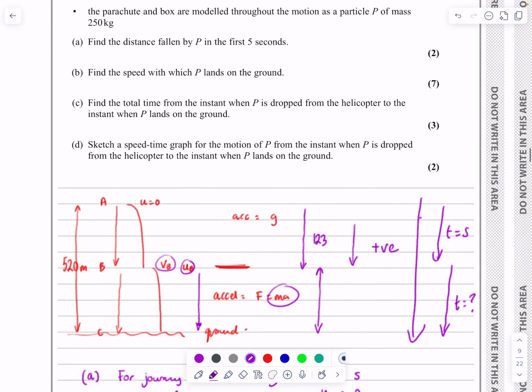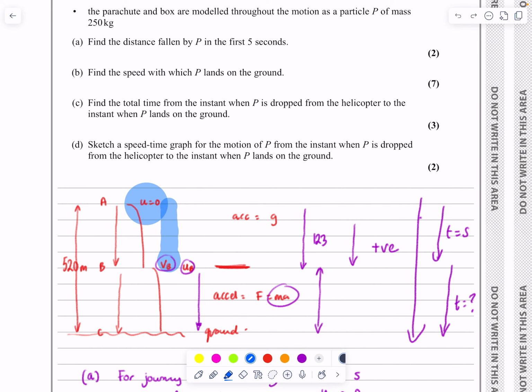The last part says sketch the speed time graph for motion from the instant when P is dropped from the helicopter to the instant when P lands on the ground. So let's just think about this. For the first part of the motion, we'll have a constant acceleration of 9.8. We know it's going to go from 0 to 49 there.